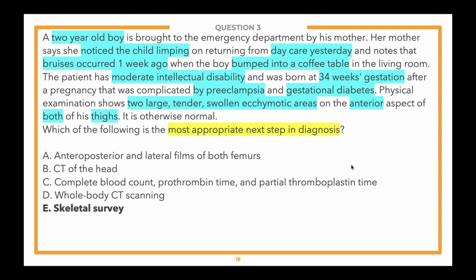The purpose of a skeletal survey is to show you if there are any fractures or injuries in the whole body, and that would be more helpful than just getting an X-ray of the legs. So child abuse, not just child abuse, but elder abuse as well. These are things that we have to start thinking about when we see patients in the hospital setting and what would be the next step in diagnosis and management. Okay, so a good question here to always remind you guys to keep that in the back of your mind.